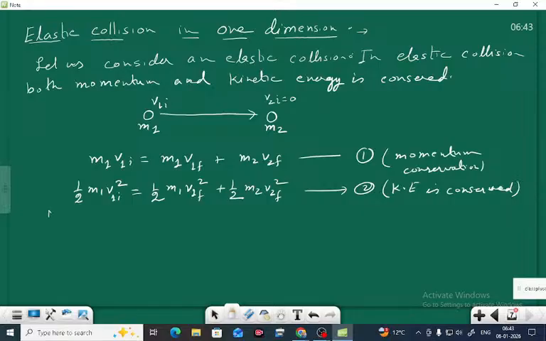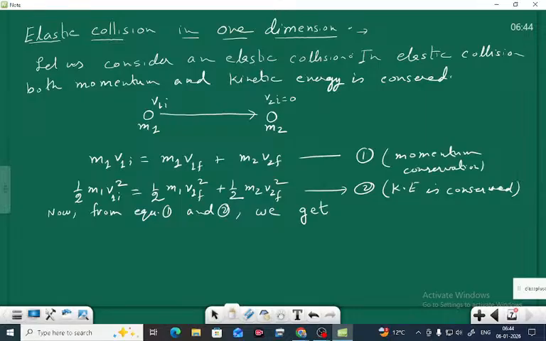Now from equation 1 and 2, you see, this half will cancel.